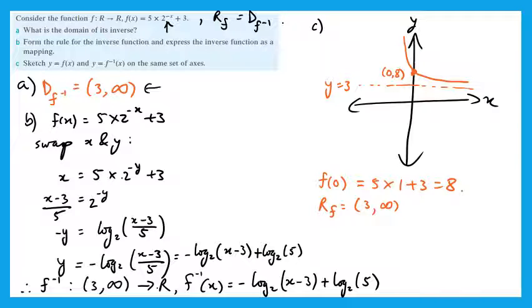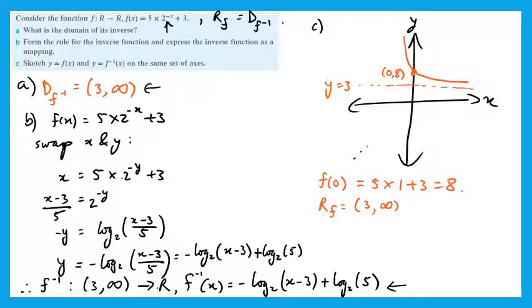Now, the reason why I did that is because when we're drawing the inverse function, we can use the x equals y line, or we can just simply use this bottom one here to work it out. Now, we have a reflection along the y-axis because there's a negative in front of a log.